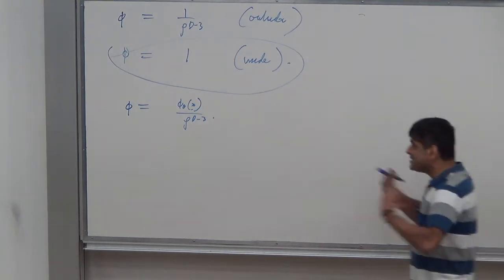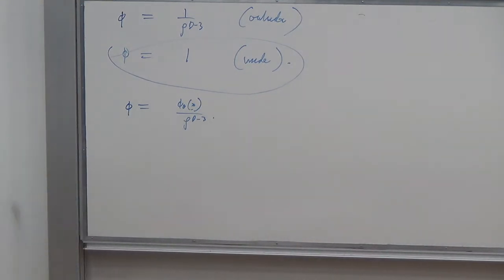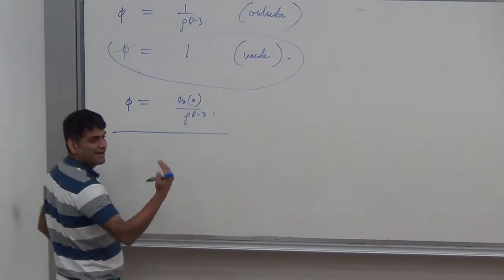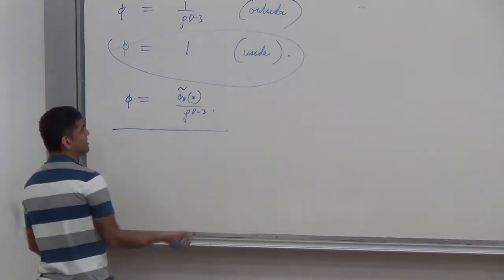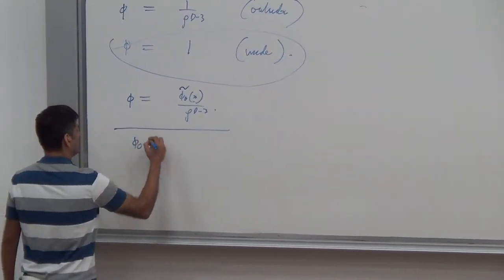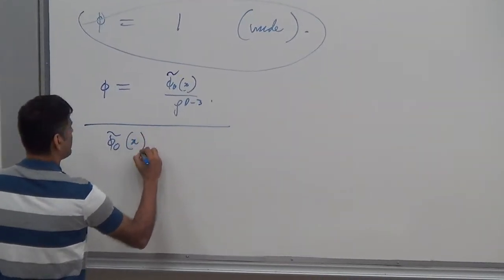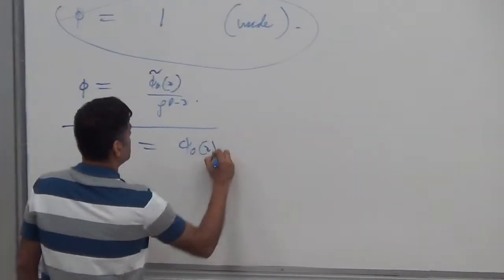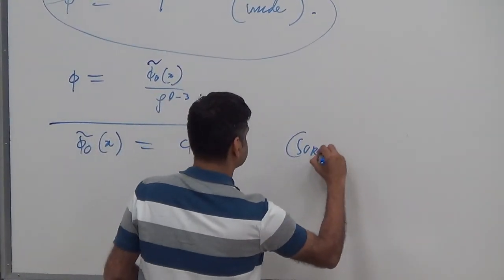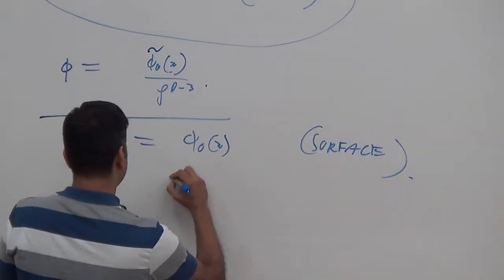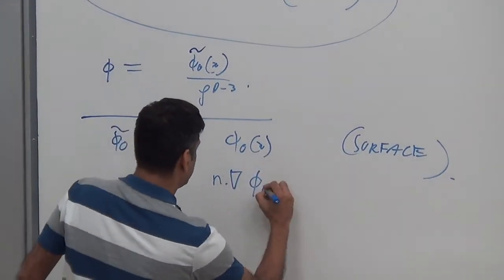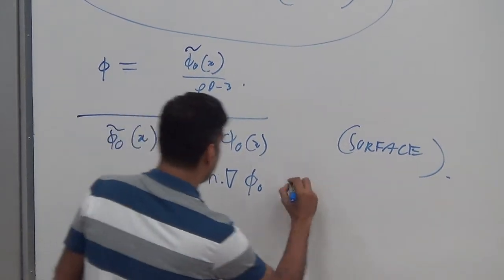Of course, as in perturbation theory, it doesn't really matter how you extend this phi naught off the surface. So we'll choose a convenient frame choice. We will choose phi naught, let's call this phi naught tilde of x, such that phi naught tilde of x is equal to phi naught of x on the surface and obeys the equation n dot del phi naught is equal to 0.